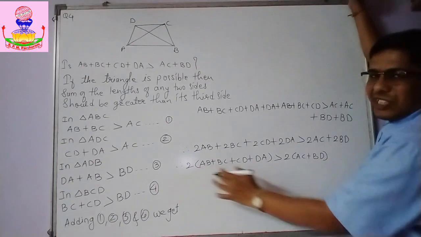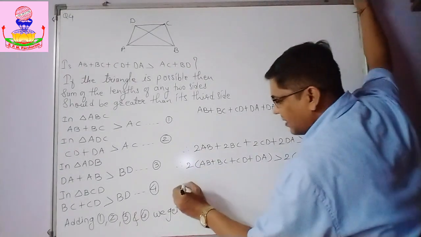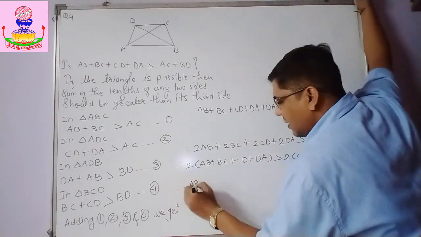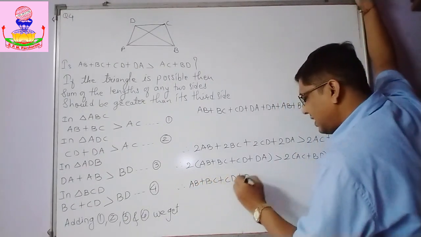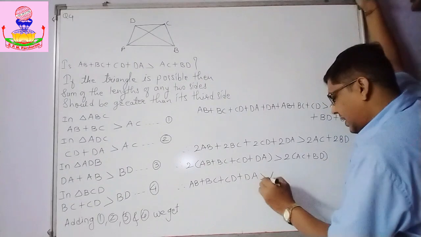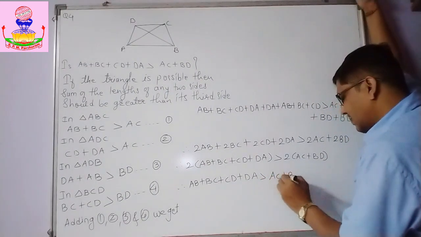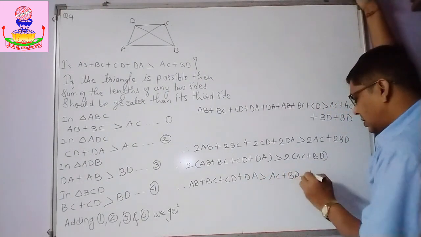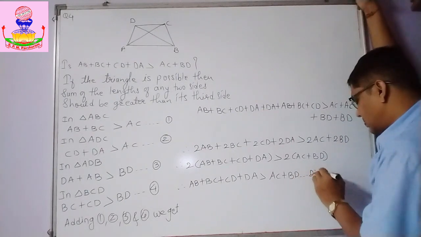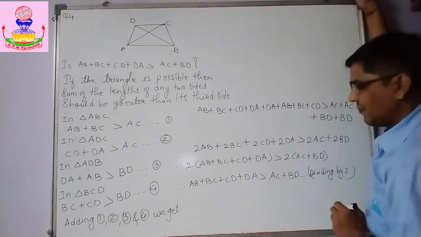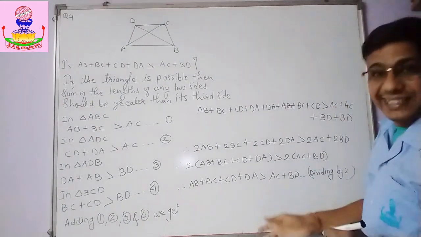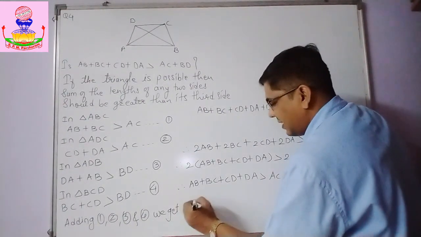Now dividing both sides by 2, what I will get? Therefore AB plus BC plus CD plus DA is greater than AC plus BD. What we did? Dividing by 2. Okay. So is this possible? Yes. Hence what we can say?